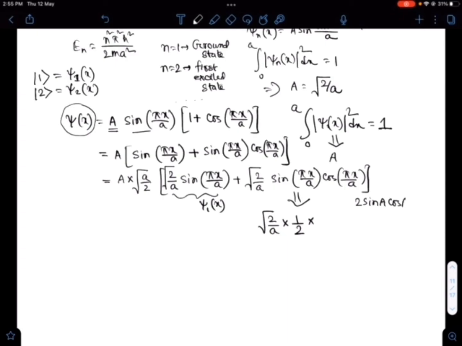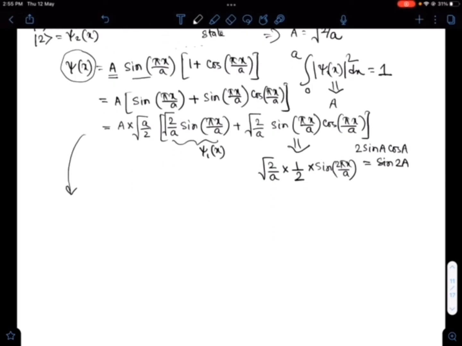So we can write this as sine 2a. This is a standard trigonometric result. So it will be sine 2 pi x by a, the second term. So from this we get psi x as root over a by 2 into a, this one is our psi 1 x plus half into psi 2 x.